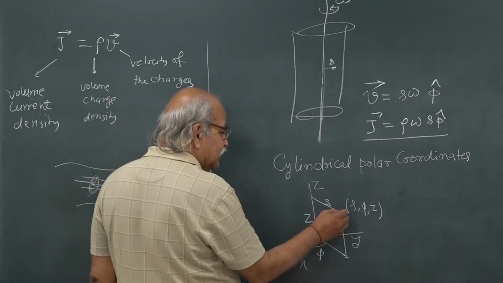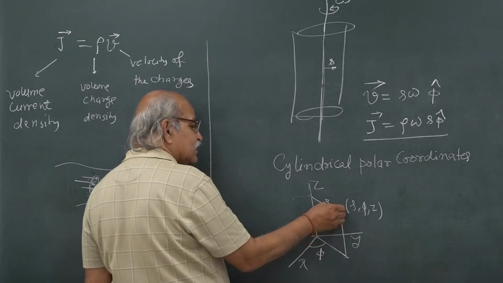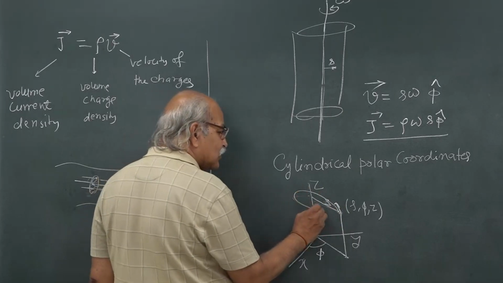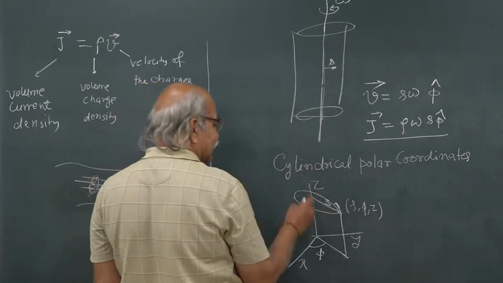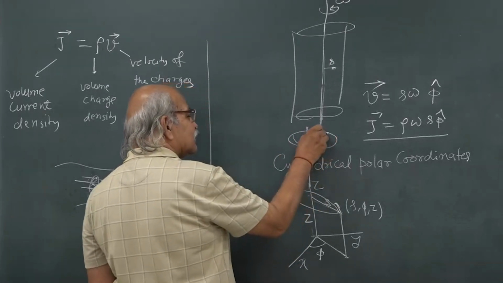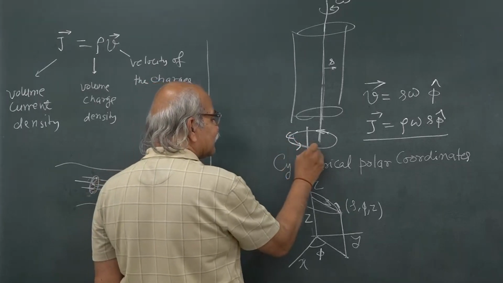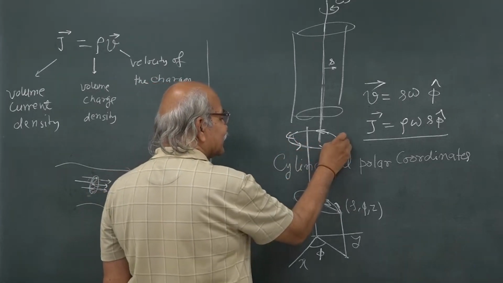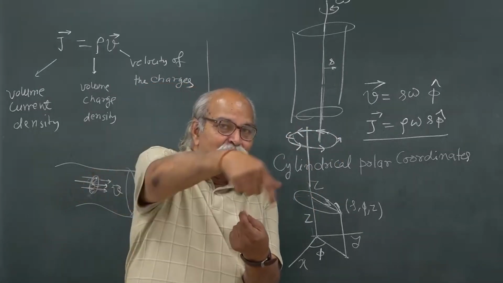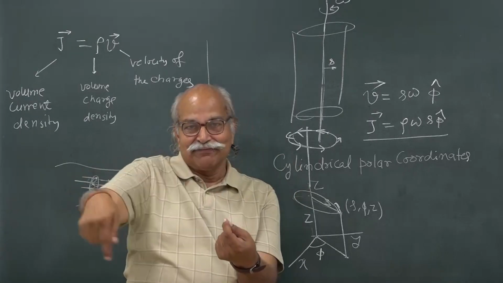If I draw a circle like this, here this is phi cap direction, here this is phi cap direction, and so on. When you rotate about the z axis, the tangential direction is the phi cap direction.